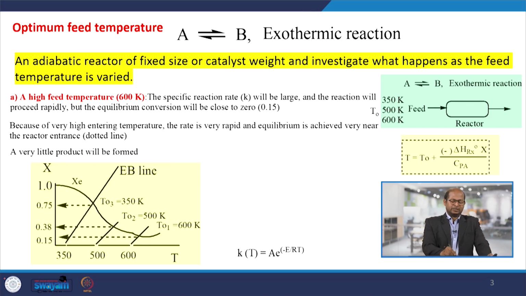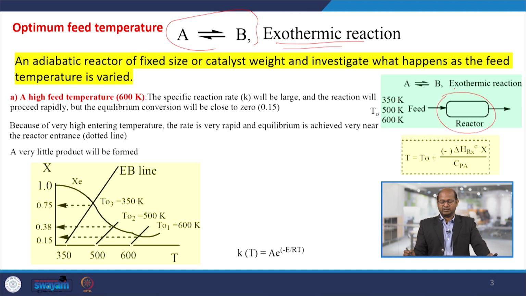Let us say we have taken a reversible reaction, and the reaction is exothermic. The reactant feed is charged from the inlet of the reactor, and inside the reactor the exothermic reaction takes place. The feed we are entering may be at different temperatures.